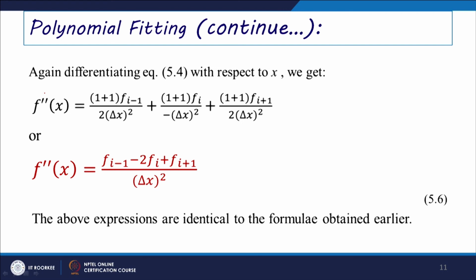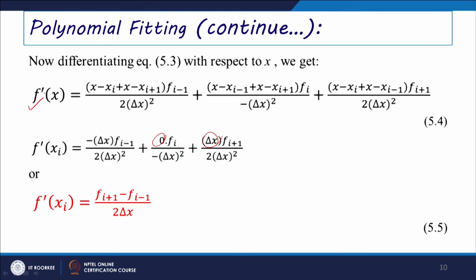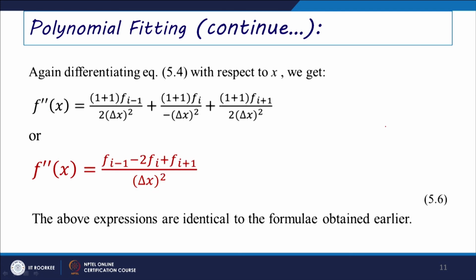So it can be written in the form of fi-1 by del x square. And this term is also 2x, so it can also be written as 2 into fi, and 2 into fi+1. All these terms, this differentiation, can be written as fi-1 minus 2 fi plus fi+1 by del x whole square.